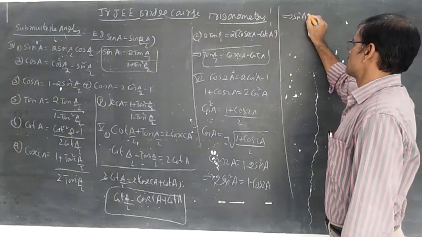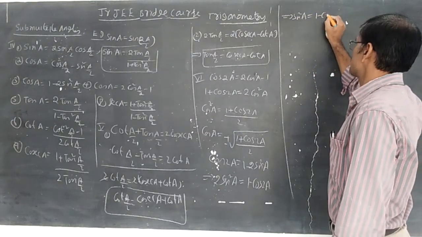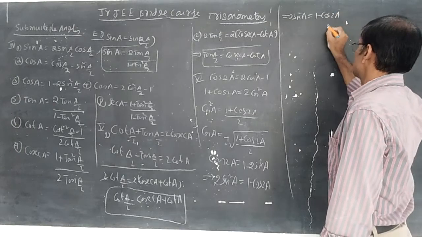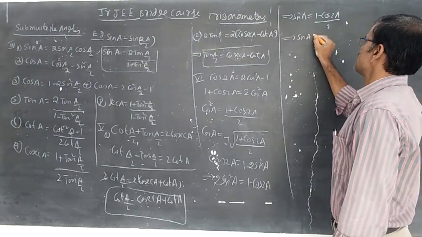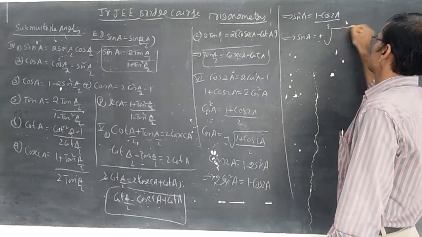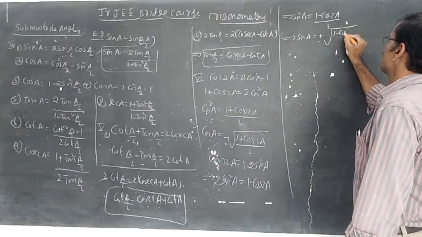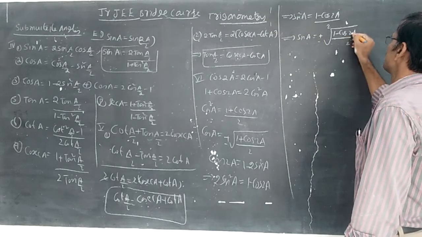Now you can write sin square A is equal to 1 minus cos 2A whole by 2. That implies sin A is equal to plus or minus root of 1 minus cos 2A whole by 2.